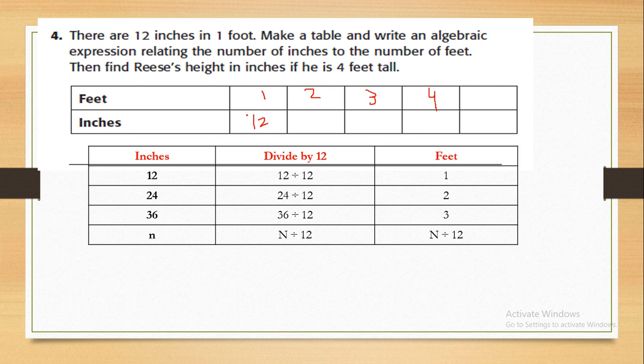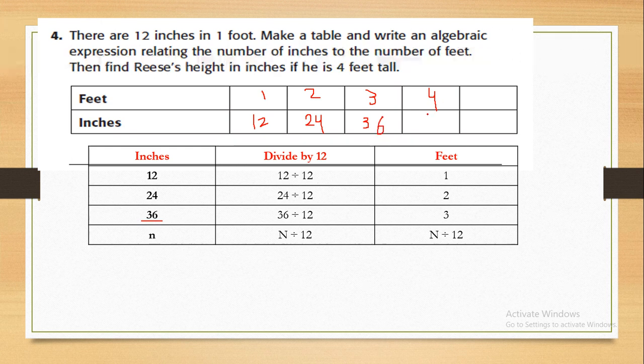So what will we write here? We will write 24, okay? Because 24 inches, when we divide by 12, we get 2. Okay, what about here? It will be 36 inches, because when we divide 36 by 12, you will get 3, okay?